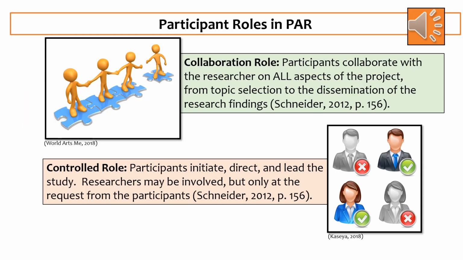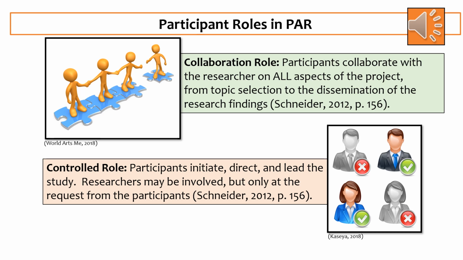On the next slide, we get into the next participant roles in PAR, the third and the fourth. The third one is the collaboration role. This is where the participants collaborate with the professional researchers in all aspects of the project, from selecting the topic to the research questions, the study design, gathering and analyzing the data, and disseminating the findings.